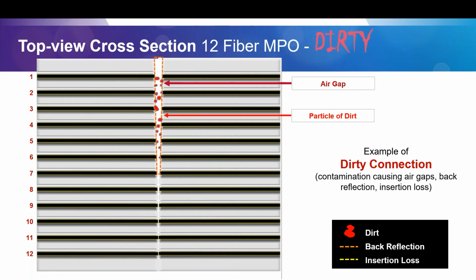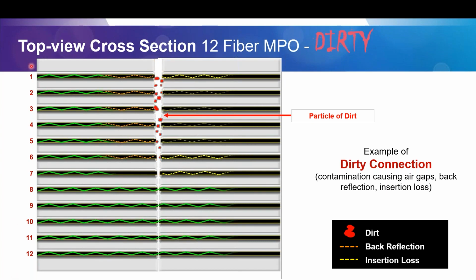So when we test this, we're going to see that fibers 1, 2, 3, 4, 5, 6, and even 7 have some back reflection coming back. It's hitting that air gap, hitting those particles and bouncing back. We've got a much weaker signal coming through on this side than what we were sending out, so we've got excessive loss. And then fibers 10, 11, and 12 may test perfectly fine. So it's critical on MPOs to clean those end faces, and it gets pretty difficult.